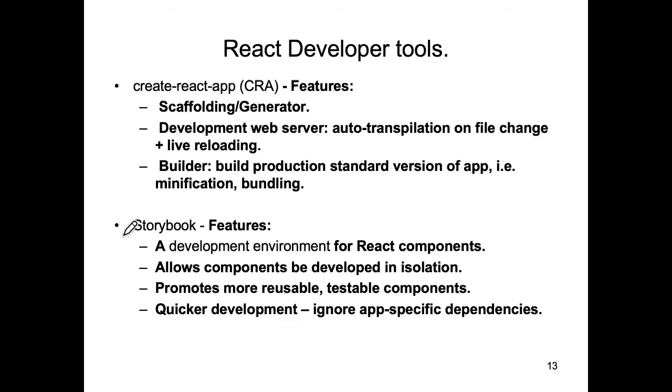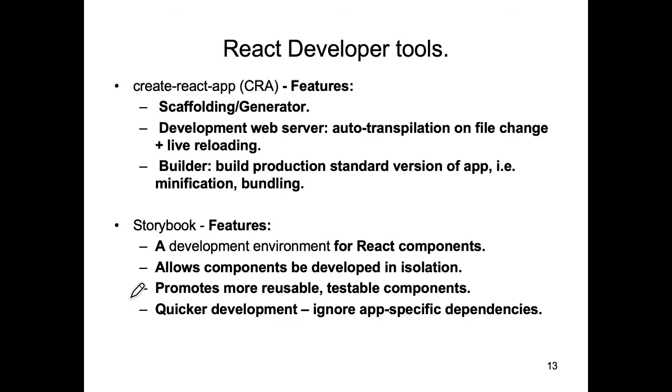So Storybook is a development environment for React components. And as I said, it allows you to essentially focus on the component itself without worrying about the environment that the component might be deployed in. And arguably, it encourages you to develop more reusable components, which is obviously a good idea.